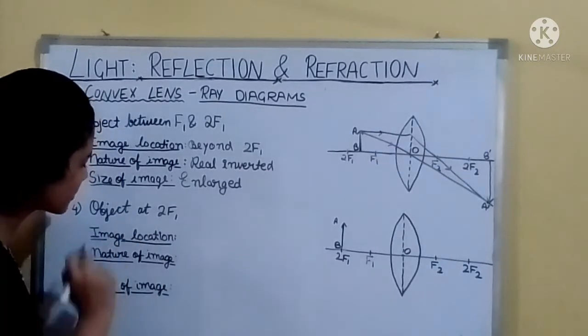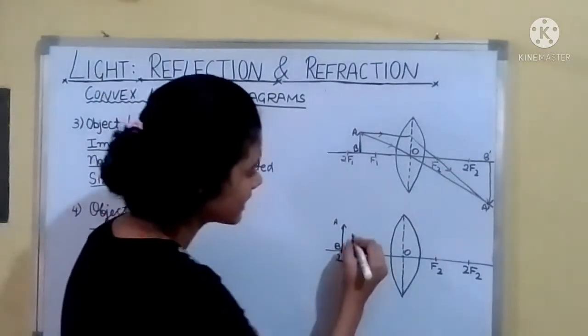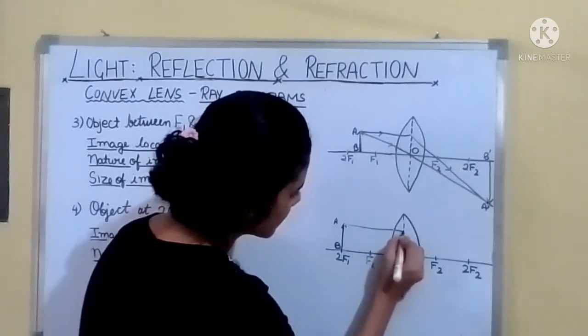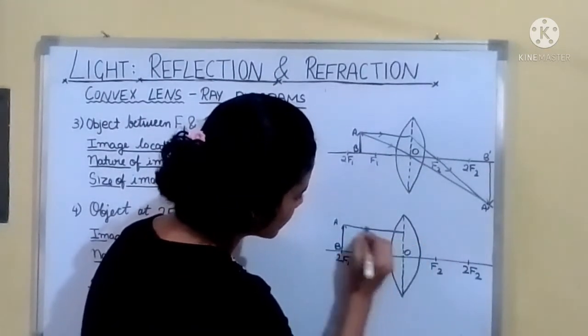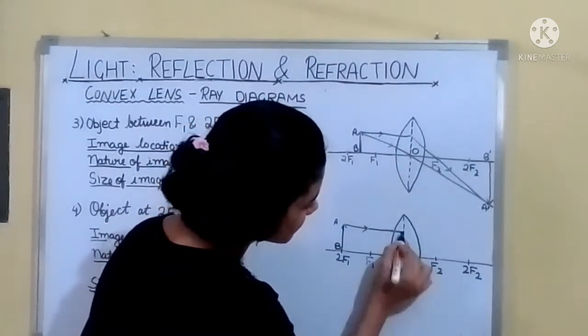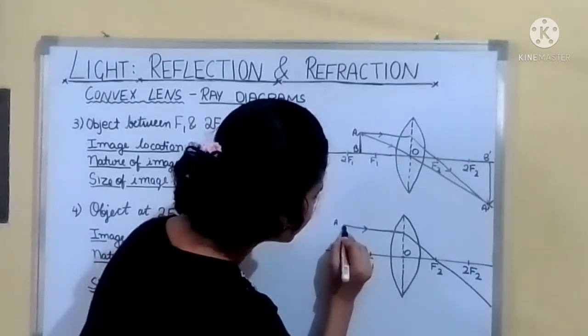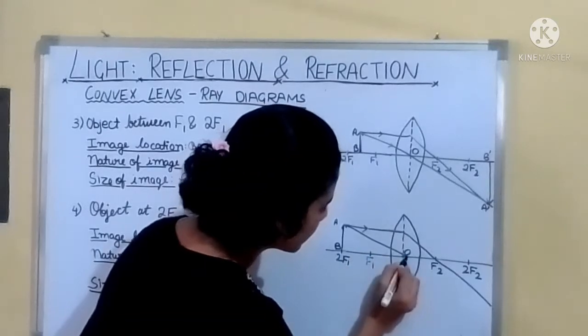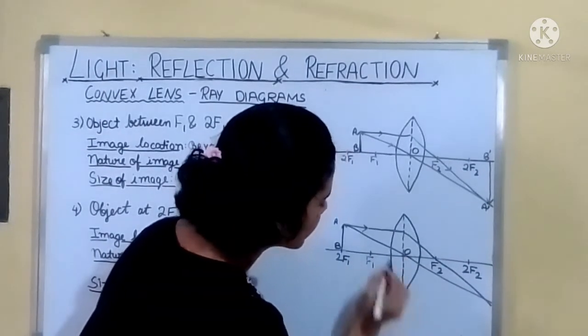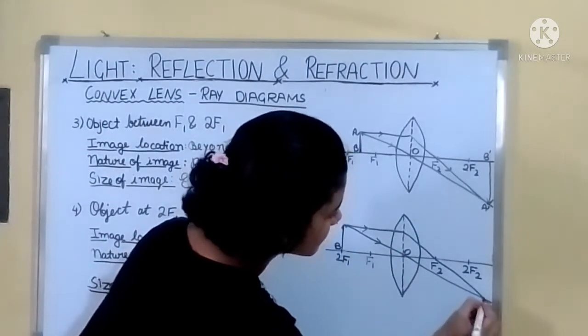Then the object is at 2F1, meaning over here. The incident ray passes through the focus. Then the incident ray passes through the optical center.